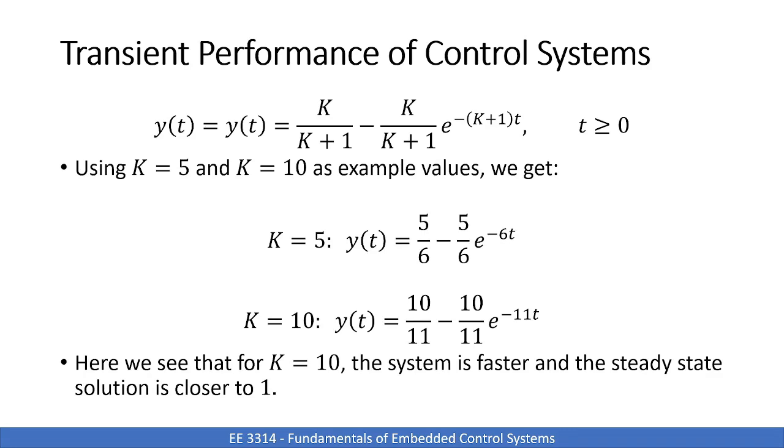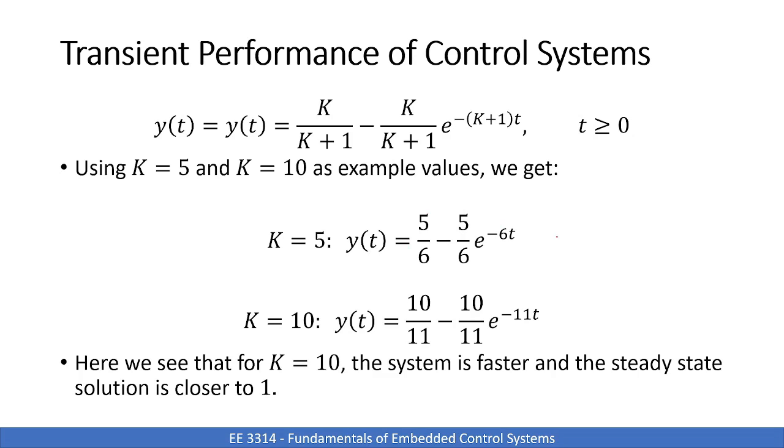Okay, so if we look at transient performance here for our two examples of k equals 5 and k equals 10, we can plug in those values of k, and for k equals 5, we can see that we have a final value of 5/6, right? So when this homogeneous solution dies away, we have the particular solution of 5/6.